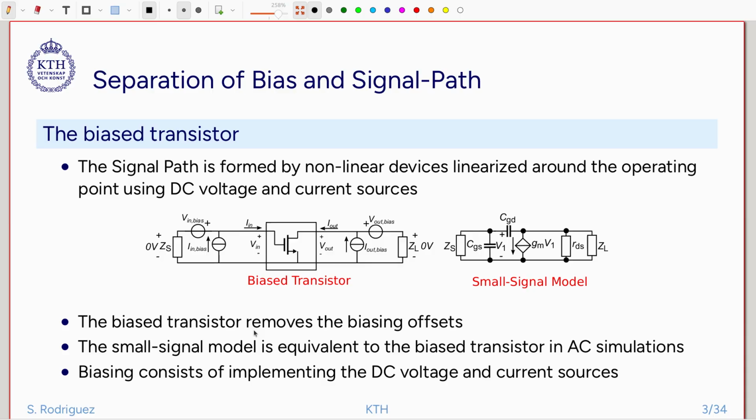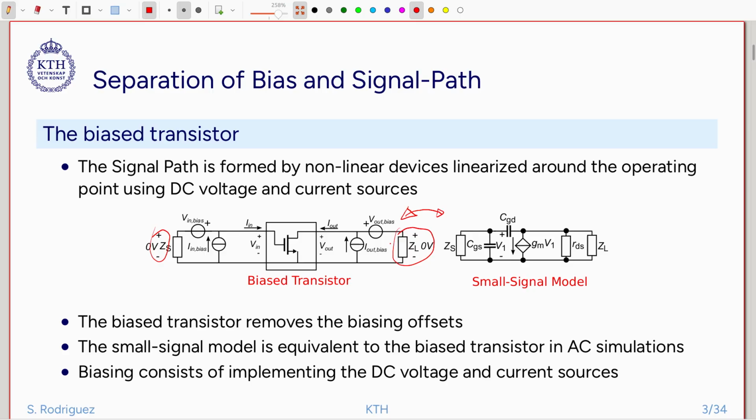So on our left, the biased transistor is basically equivalent to having a small signal model, and the removal of the biasing offsets makes this voltage here equal to 0, and the current also equal to 0, and then also here the voltage is equal to 0 and the current is equal to 0.